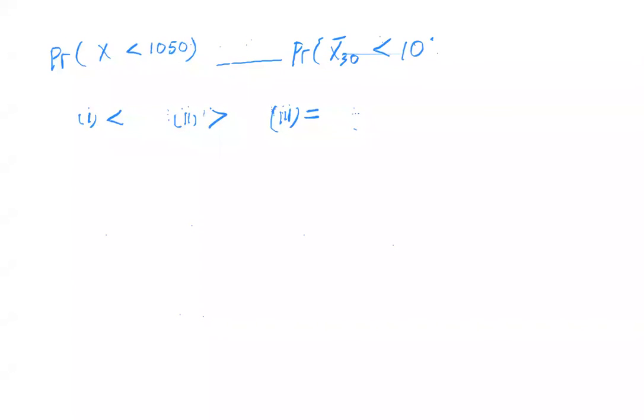Probability of X less than 1050, fill in the blank with an inequality, three choices: less, more, or equal, probability of X bar 30 less than 1050.